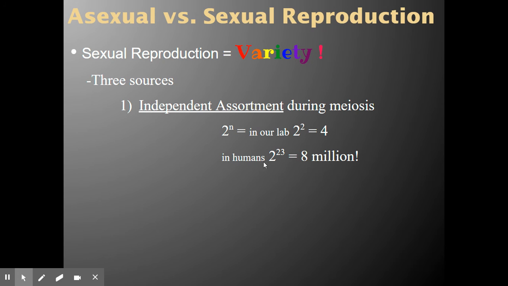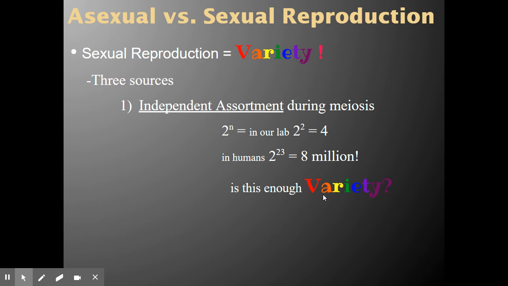In humans, since we have 23 separate chromosomes, each of those 23 can have those 2 possibilities. This means that we have 8 million different types of person come out of independent assortment alone.